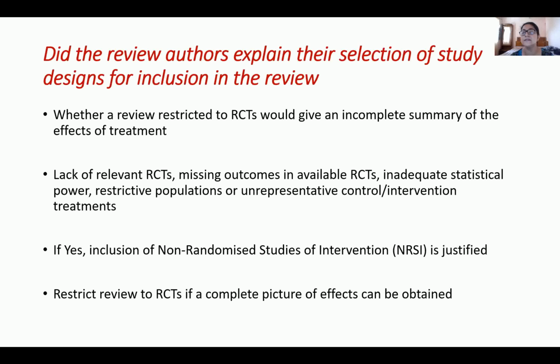Otherwise, a systematic review should only include RCTs. However, if any of the above clauses are present, then non-randomized studies of intervention can also be used. However, if a complete picture of effects can be obtained with RCTs alone, then it is always ideal to restrict a systematic review to RCTs.